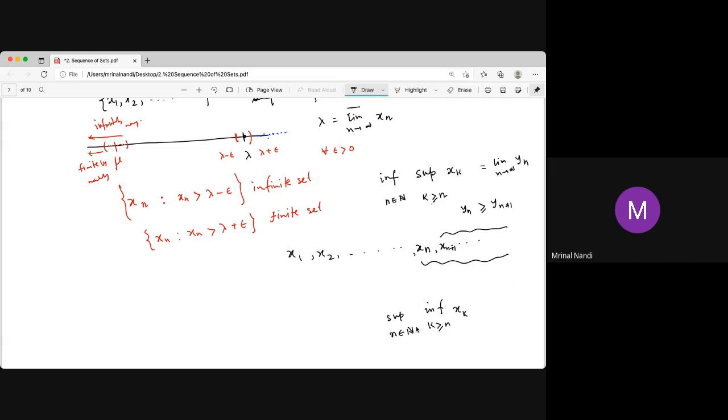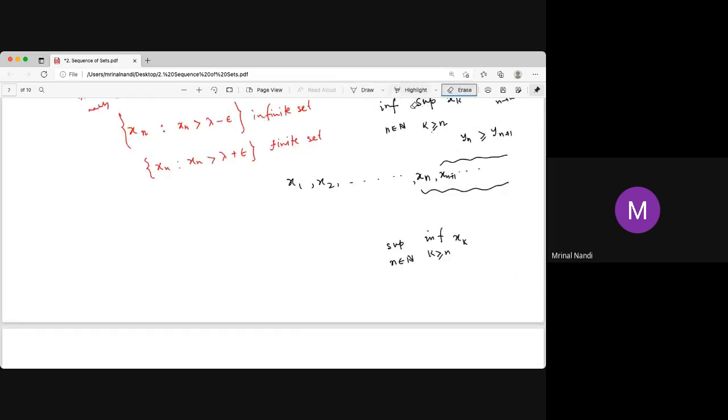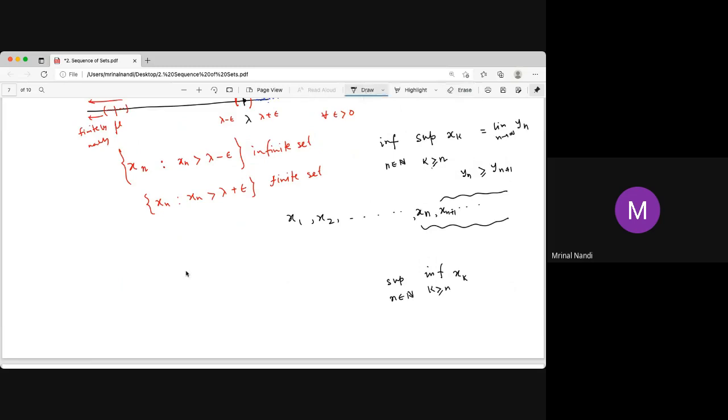Now which one is bigger: infimum of supremum of xk, or supremum of infimum of xk? Which one is bigger? To show this, we name them like this. Say yn is the supremum over all k greater than or equal to n of xk, and you check zn as the infimum.